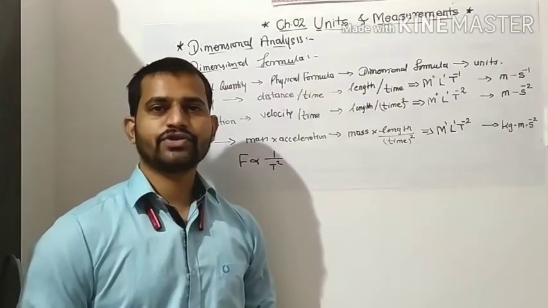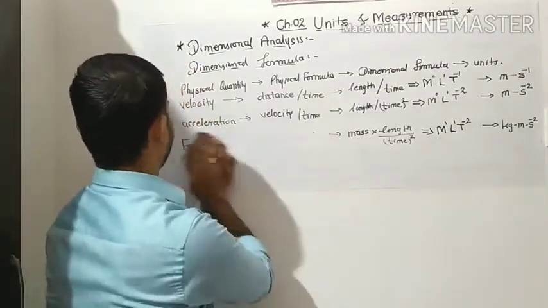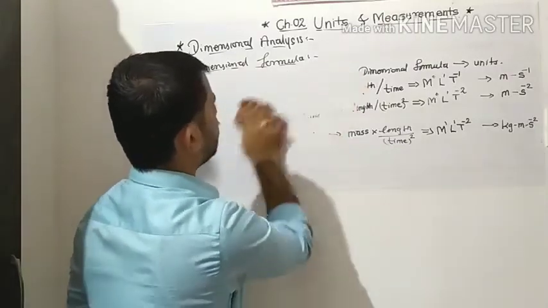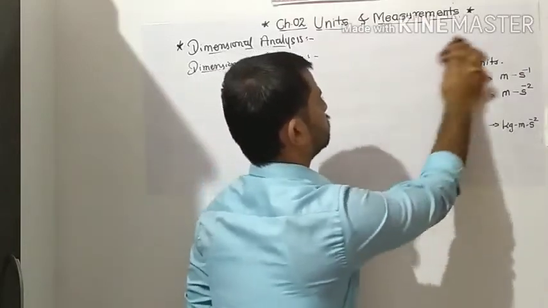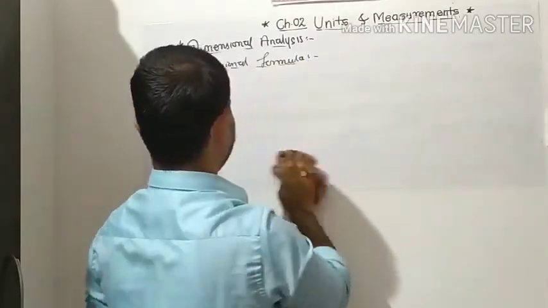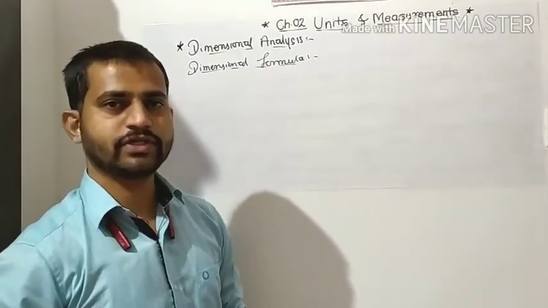Let us write down the uses of the dimensional formula. There are 3 uses of the dimensional formula. As we have explained, it tells us about the involvement of the basic quantities in that particular physical quantity.